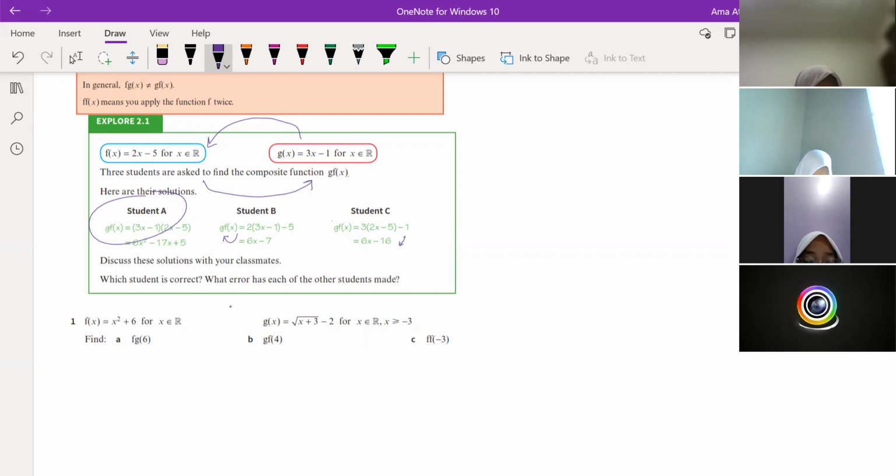Okay, ladies, can you please give me your answers in the chat box? Which student gives the correct answer? Which one is the correct one? Is it student A, student B, or student C? Please do this in one minute. Give me the response. What do you think?